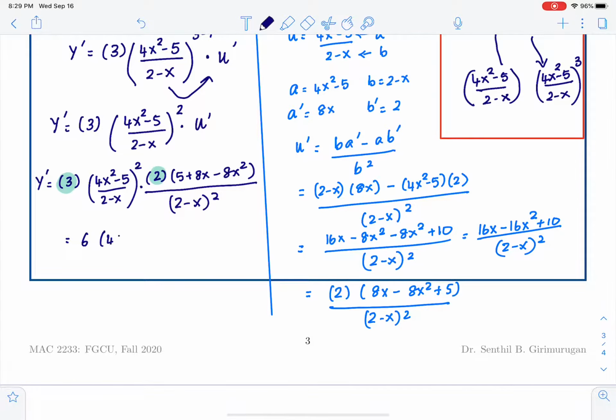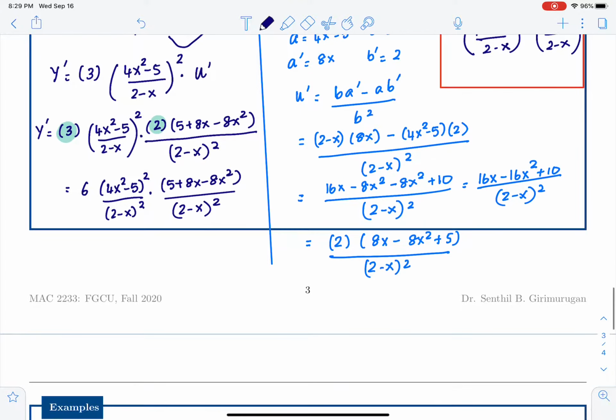I could separate the middle term and write it as 4x squared minus 5 squared divided by 2 minus x squared multiplied by 5 plus 8x minus 8x squared over 2 minus x squared. That is the best we could do in terms of simplification, so we could write it as 6 times 4x squared minus 5 squared multiplied by 5 plus 8x minus 8x squared, entire thing divided by 2 minus x squared.